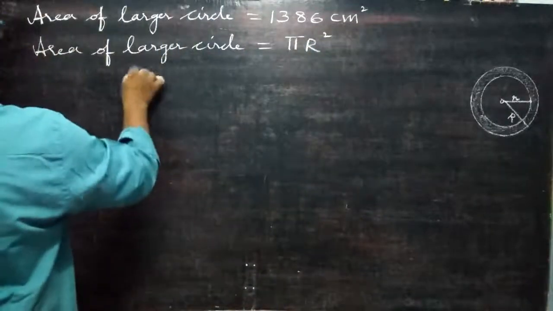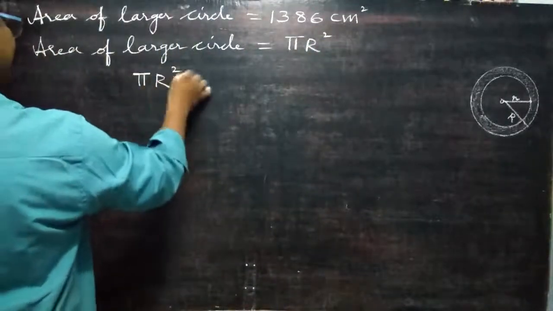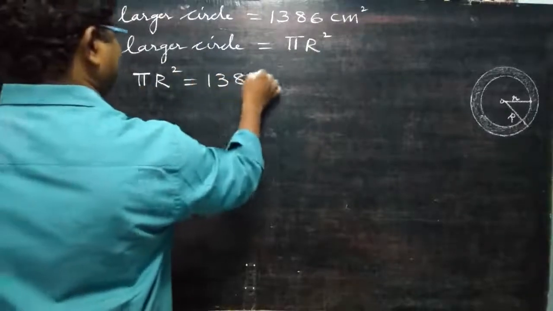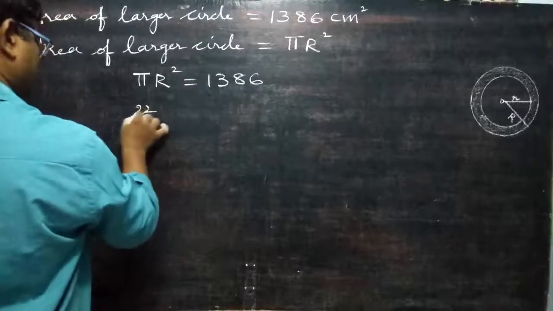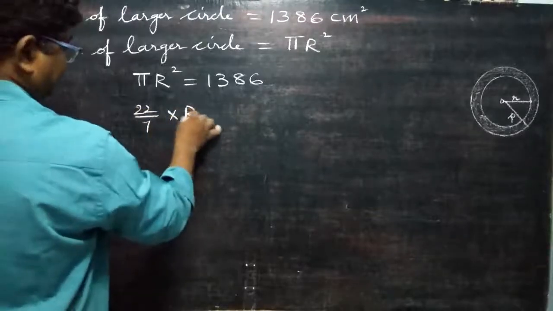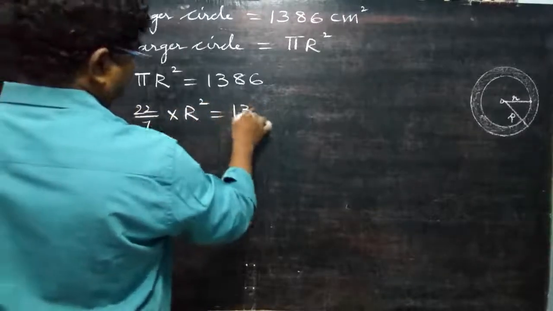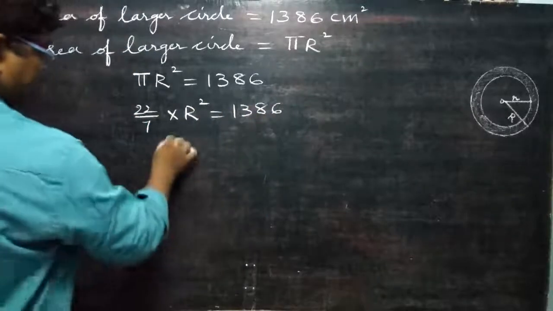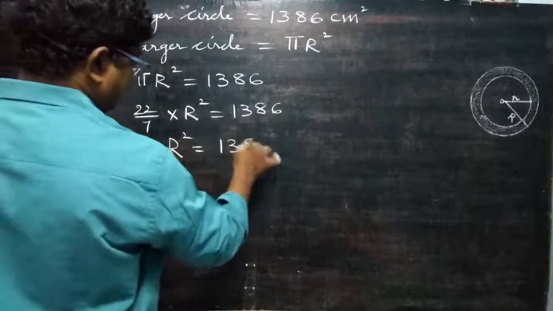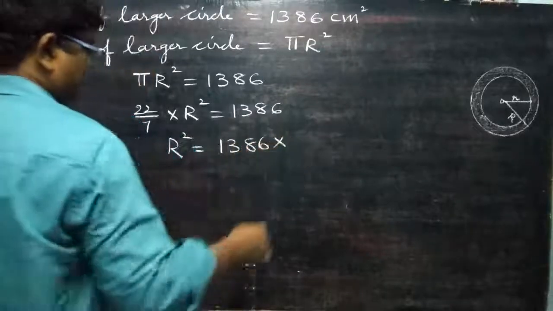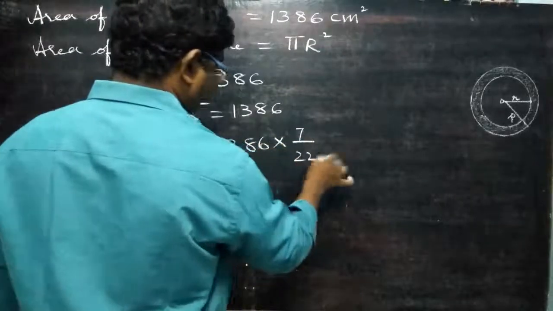Now compare. Pi capital R square is equal to 1386. Now pi means we know 22 by 7 into R square is equal to 1386. R square is equal to 1386 reciprocal, 7 by 22.